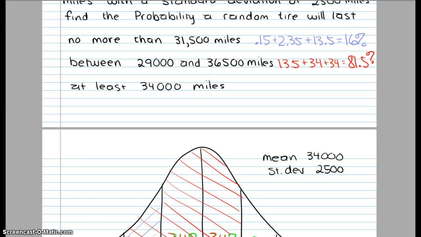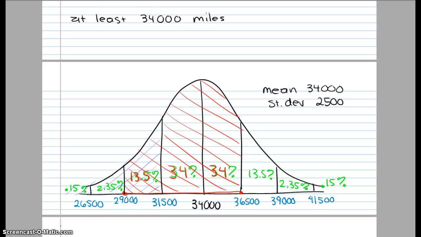What's the chance I get a tire that lasts at least 34,000 miles? Now I want to know the probability of being in the upper half. So I'm going to add that 34% plus 13.5% plus 2.35% plus 0.15%.